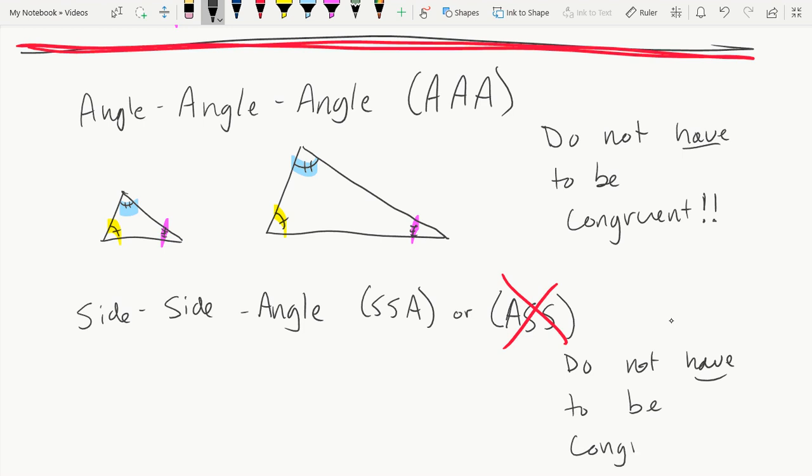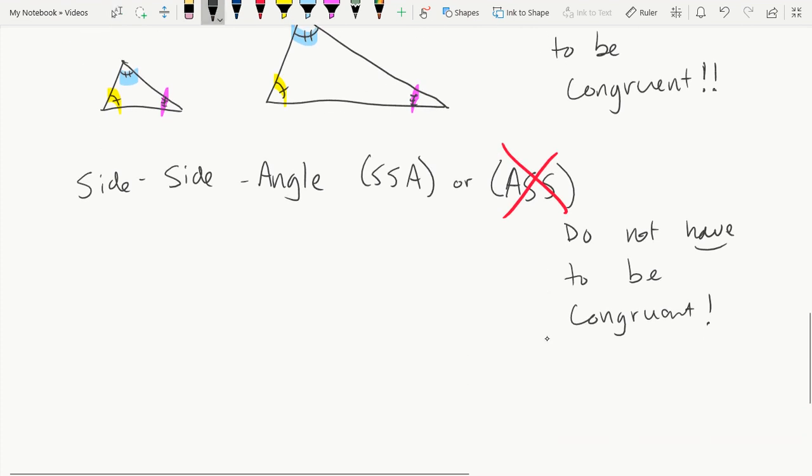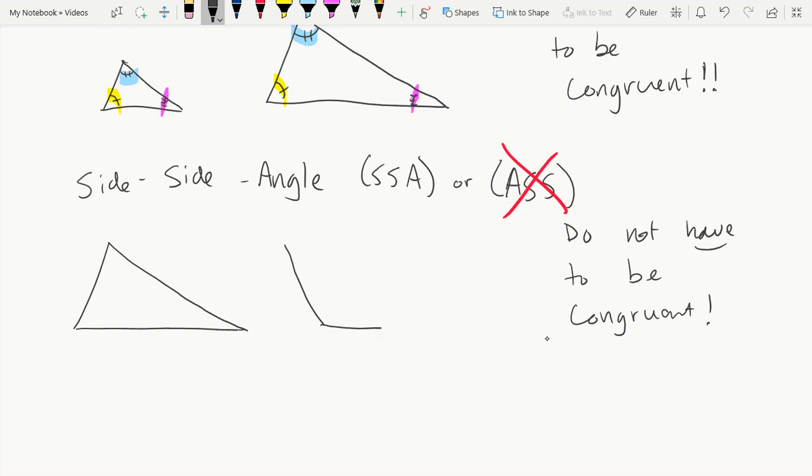So I want to show you something. Because what I could have is I could have that triangle, and I could draw another.